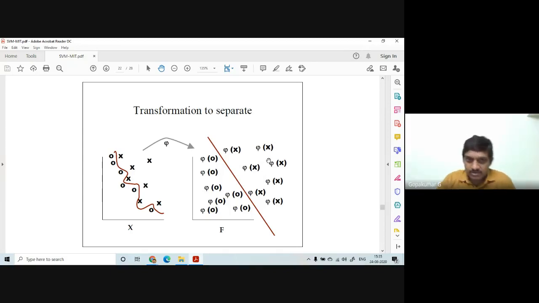That means in the transformed space the points are linearly separable. So SVM always finds a linear separation only, but before that it maps the points to a higher dimension. But now there's a challenge: which higher dimension will help you find a linear decision boundary. That's again a challenge.